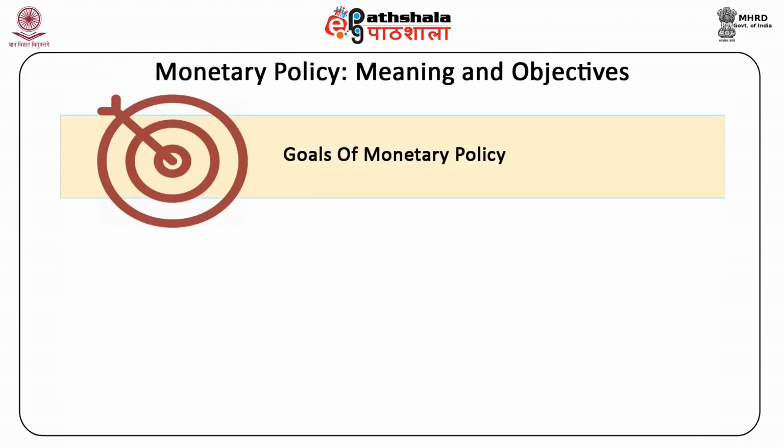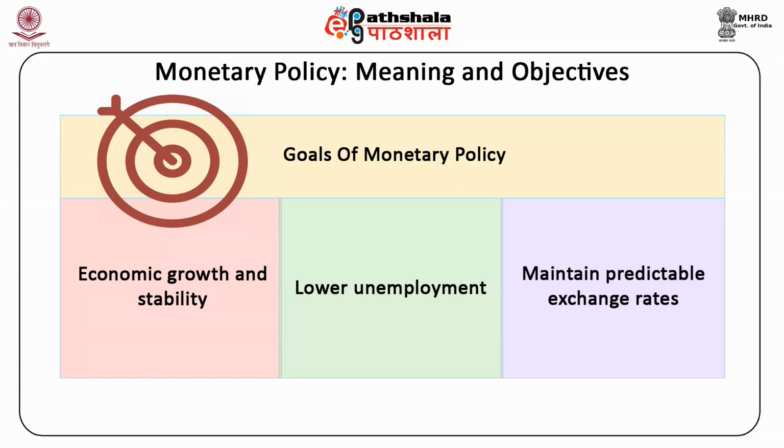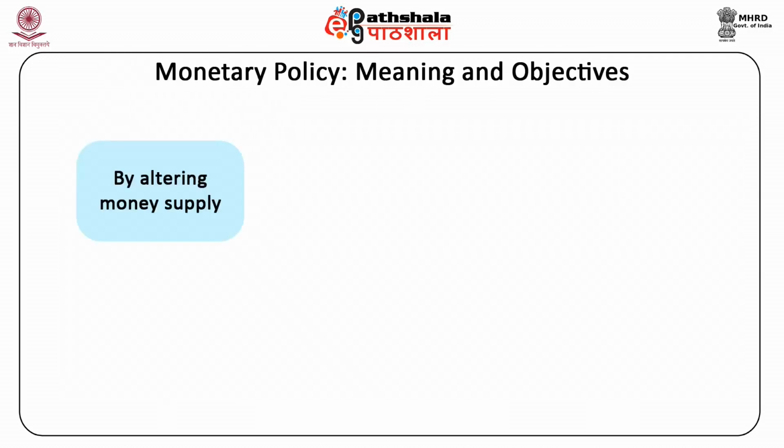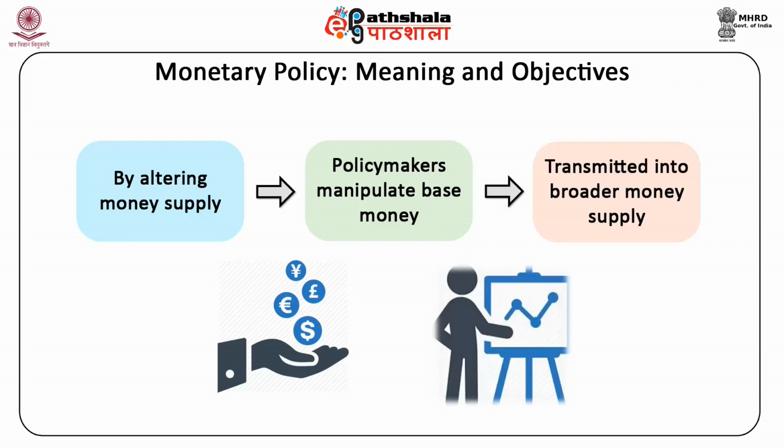The major goals of a monetary policy, apart from maintaining price stability, are to contribute to economic growth and stability, to lower unemployment, and to maintain predictable exchange rates with other currencies. By altering the money supply using monetary policy, policy makers manipulate the base money, which is then transmitted into a broader money supply via the money multiplier mechanism.